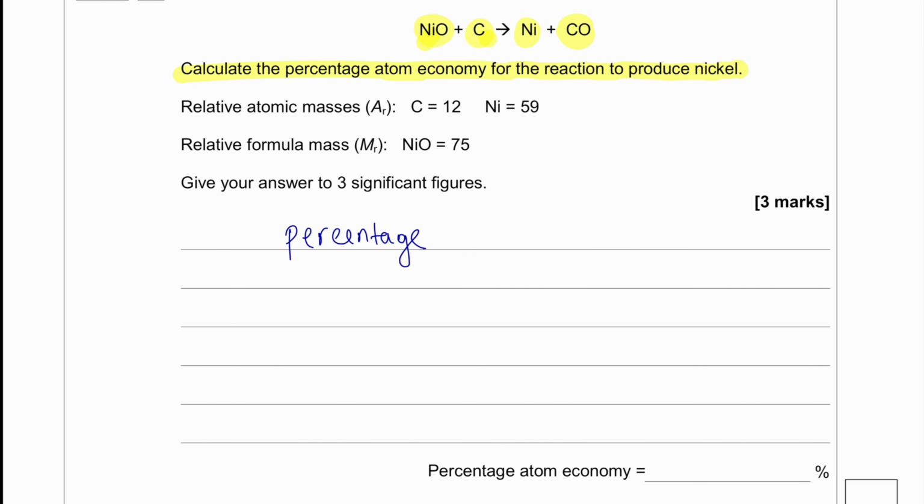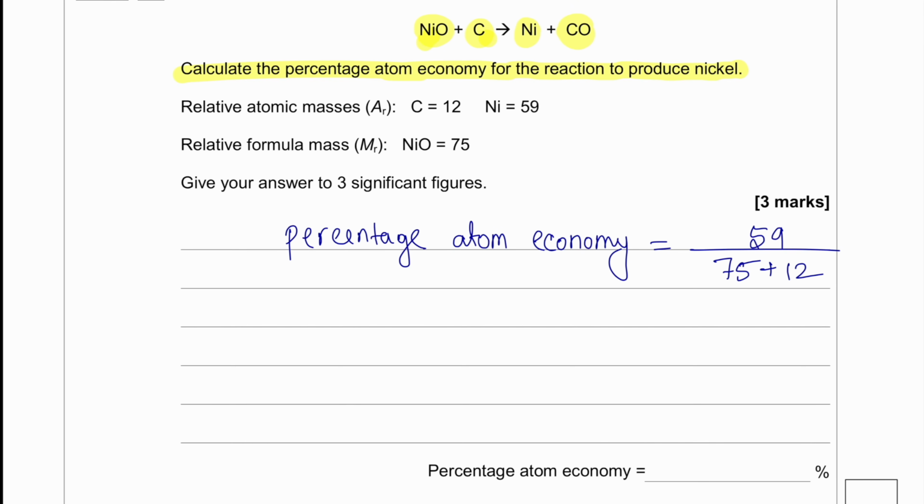What does atom economy refer to? Atom economy refers to the percentage of the desired atoms divided by the total amount of reactants. So in this case, nickel is the desired atom, so 59, divided by NiO plus C. NiO is 75 and carbon is 12.